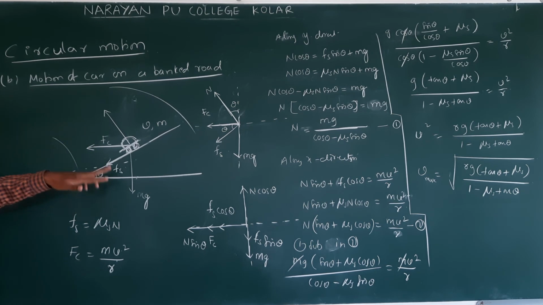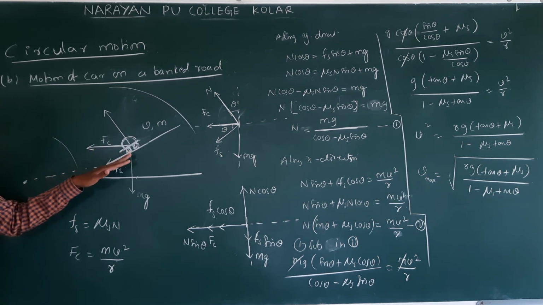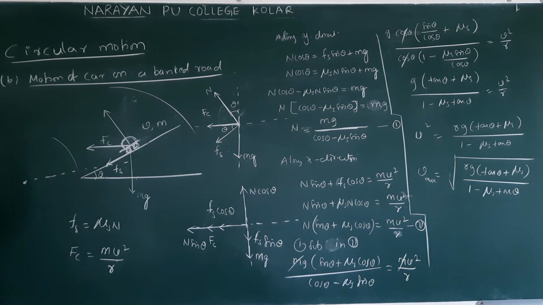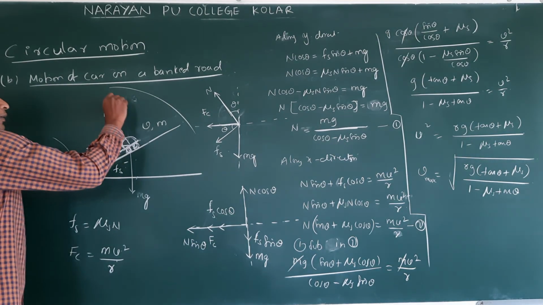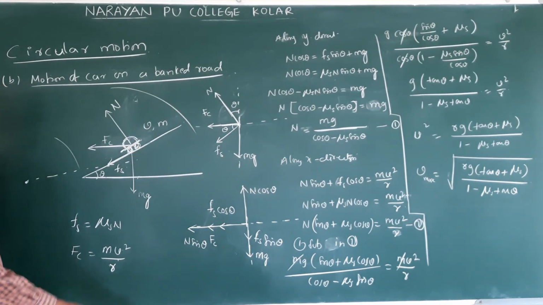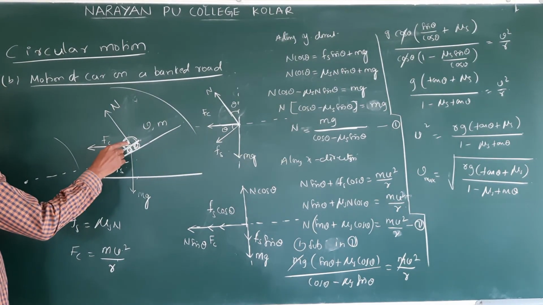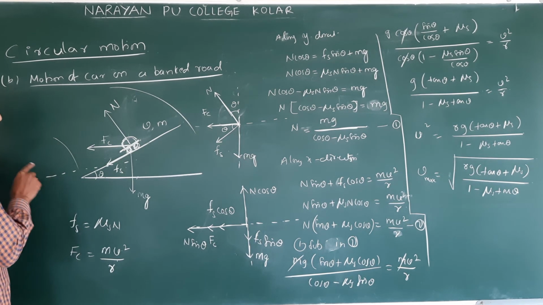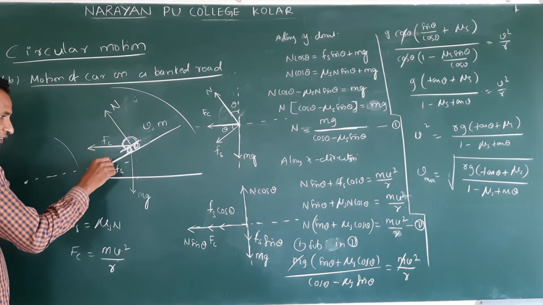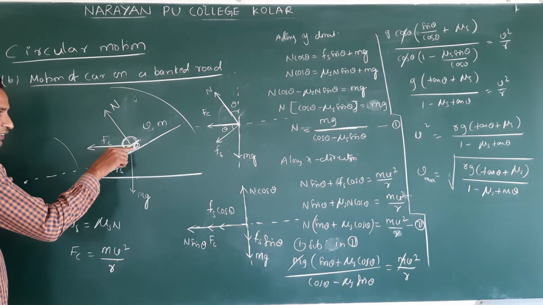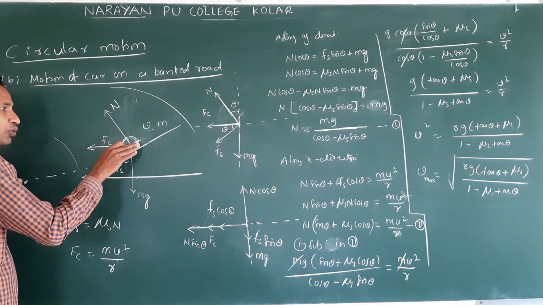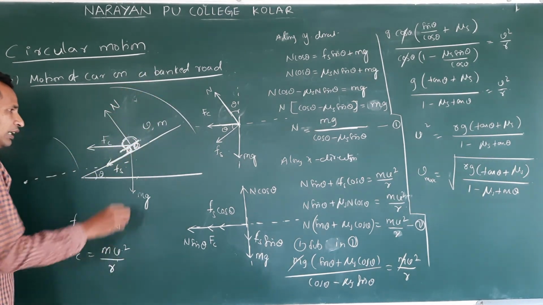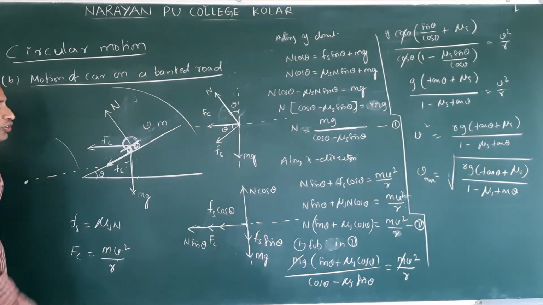Just draw the diagram and identify in what direction forces are acting. Identifying is important. Normal reaction perpendicular to the plane, centripetal force acts toward the center, frictional force acts down the plane because the tendency on a curved road is to move out, then weight acts downwards.